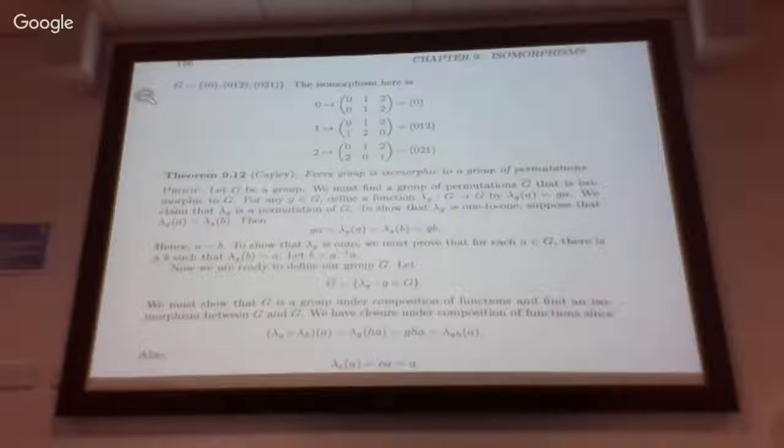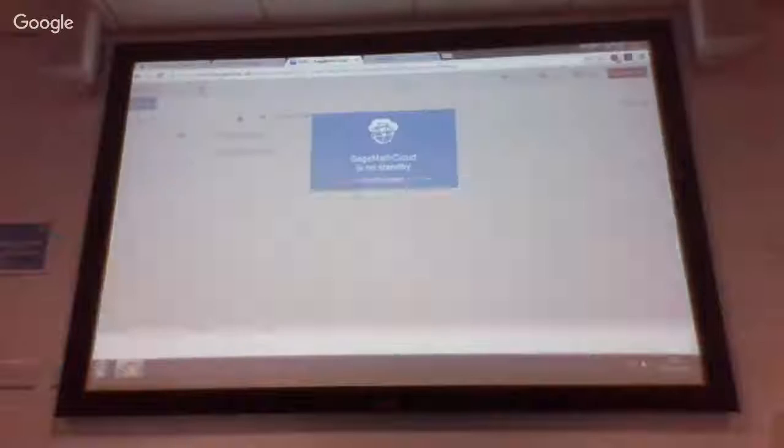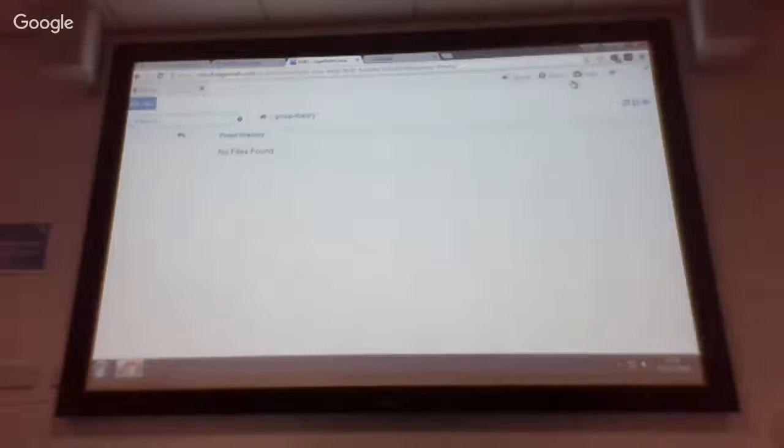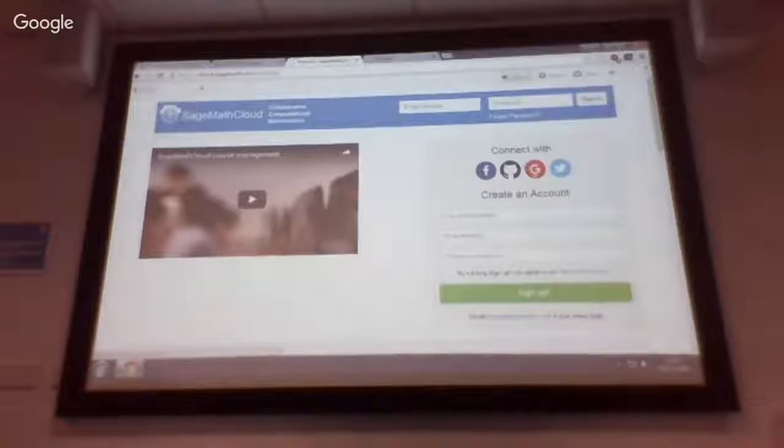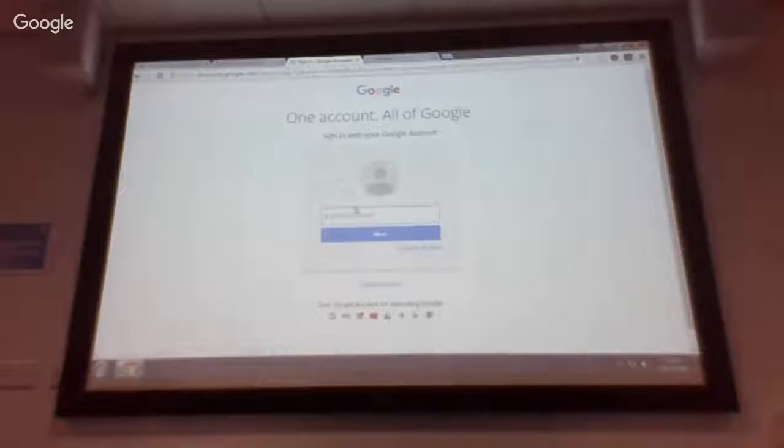Now, one good way of getting a handle on this is to look at an example of a Cayley table or two. So if we hop into Sage, sorry.